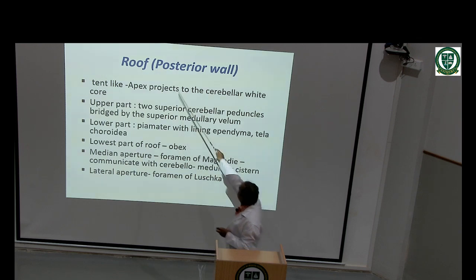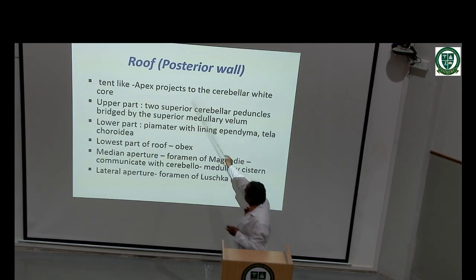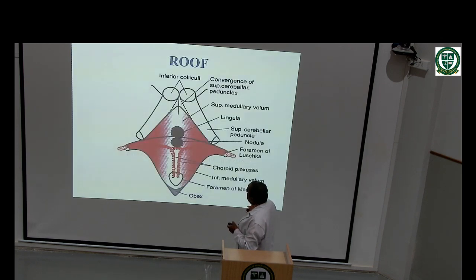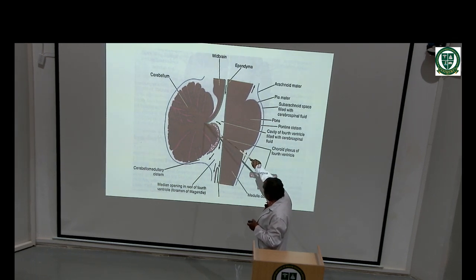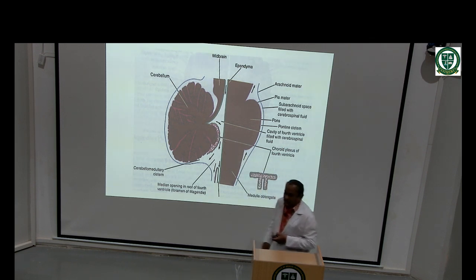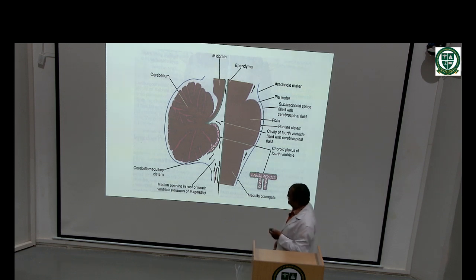This is also called the posterior wall of the fourth ventricle. See, the apex of this roof projects into the cerebellar white core. This is the apex of the roof. This is continuous with the white matter of the cerebellum, which is projected posteriorly.